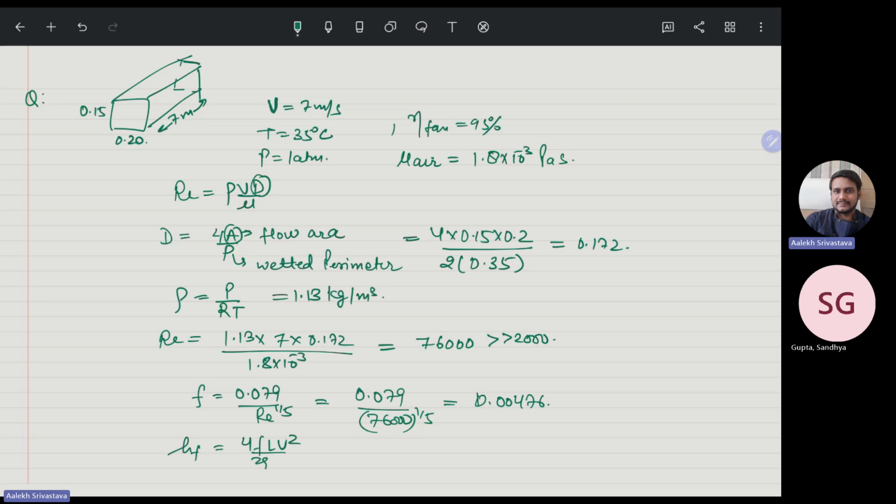Therefore, HF is equal to 4FLV square upon 2gD. So every term is known. Simply, you get 1.94 meter of air, this is the head loss.